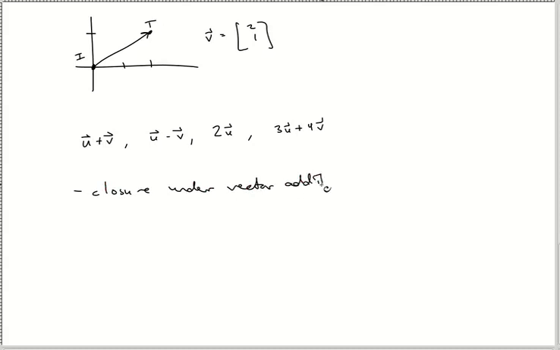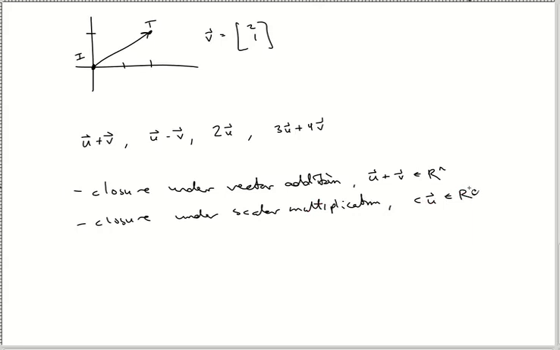Often they just say under addition, and they mean vector addition. And so basically, u plus v is still an element of Rn. Like, if I add 2 vectors, I still get a vector. We have closure under scalar multiplication. Basically here I'm saying c times u is still a vector. If you put a 3u, it's still a vector. Doesn't really change anything there.